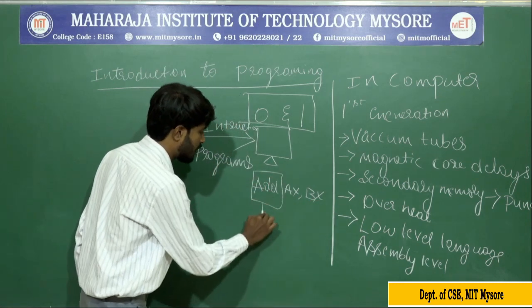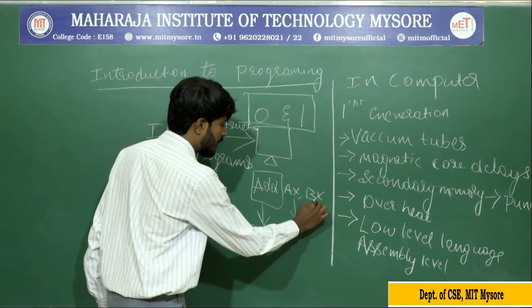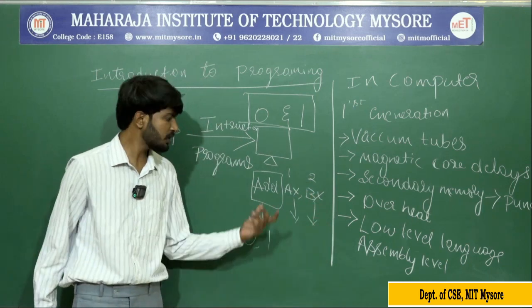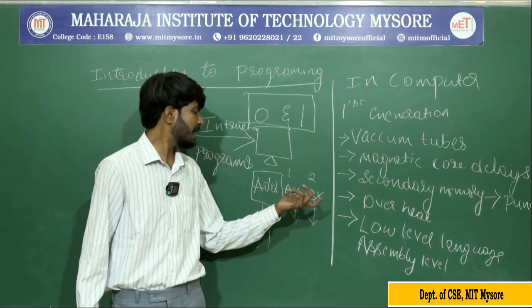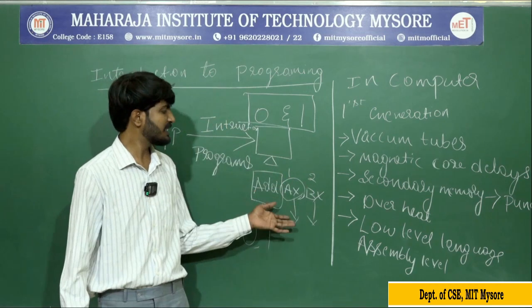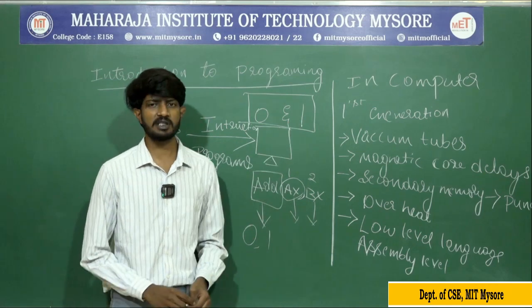This ADD is converted again into zeros and ones, and AX and BX. AX is the first value and BX is the second value. So this data is added and the result is stored in AX. This is what we call assembly language. So this is about the first generation.